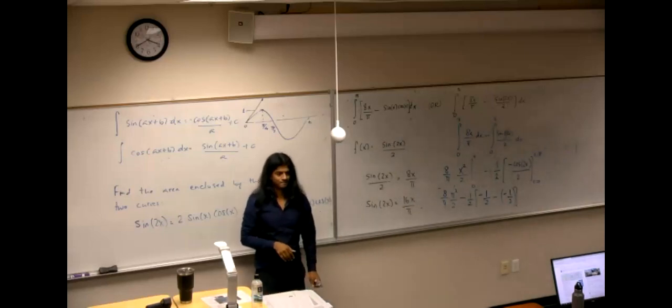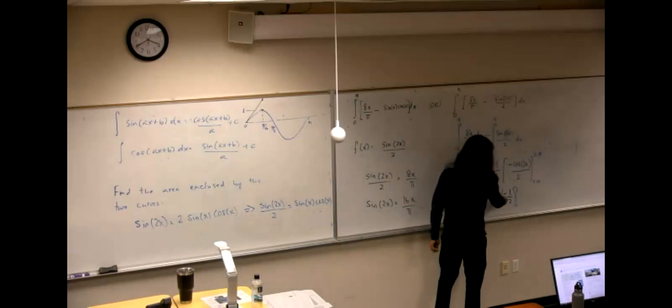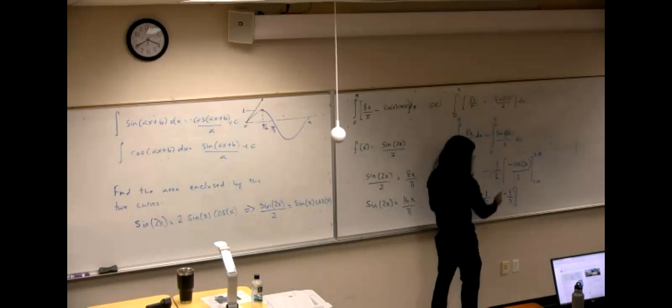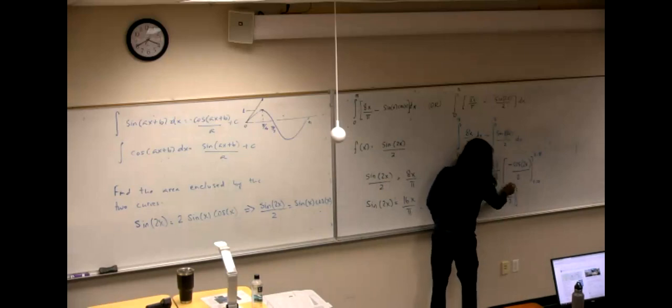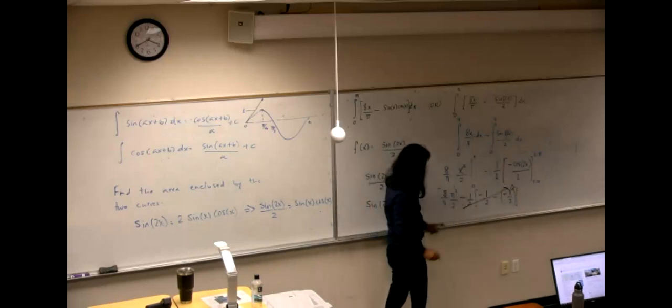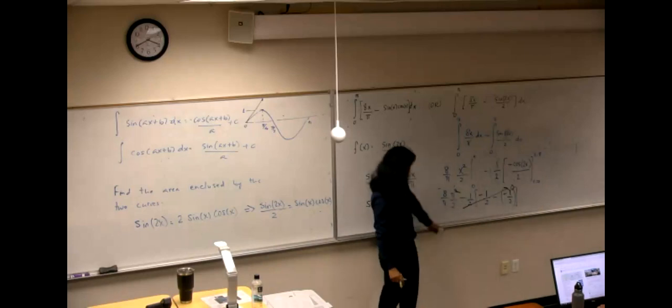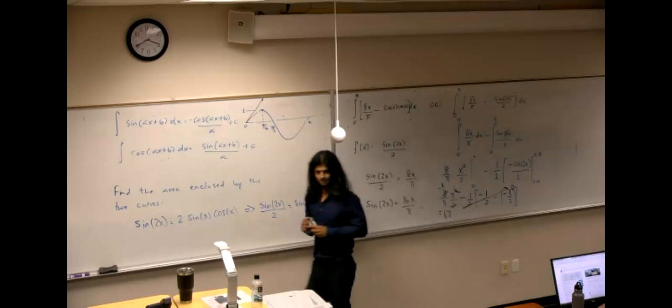Good so far? Minus of minus would be plus half, minus half, gone. Agreed? Pi, gone. 2, 8, join, the answer is 4 pi.